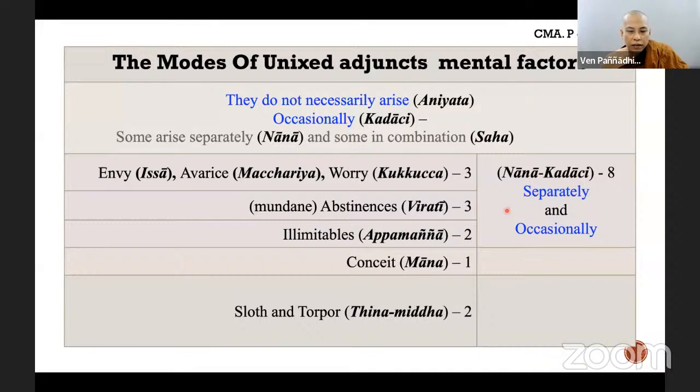Sometimes you get angry, and at that moment there's no Issa, no Macchariya, and also no Kukkucca. You just get angry. And also sometimes you are upset not for your mistake. At that time, without any of Issa, Macchariya, Kukkucca, dosa-mula consciousness arises. In this way, we can understand the first group, Issa, Macchariya, Kukkucca: they arise separately and they arise occasionally.